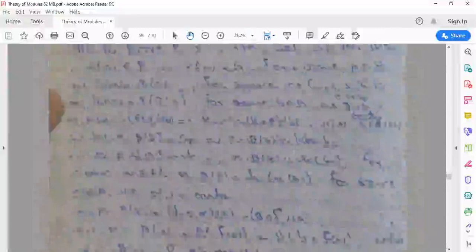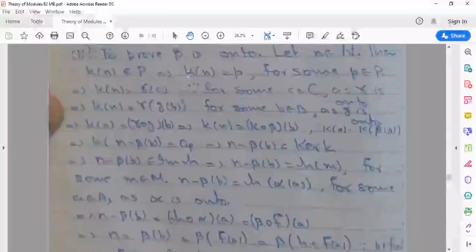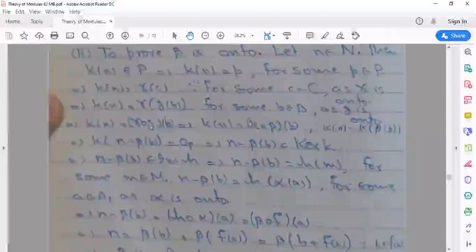After this, k of n we write itself, and c is equal to g of b, because we again write above this function g from B to C. We take an element from here, assign it to function g, and the result will be here. After this we apply composition of function. Gamma composition g equals k composition beta by hypothesis.